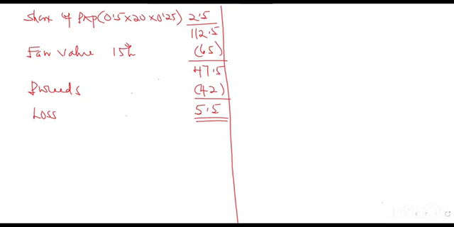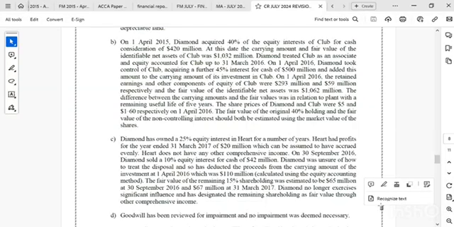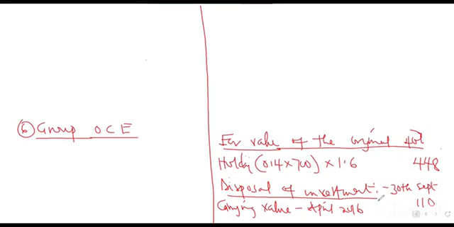Let's come to the fair value of the remaining 15%. At the date of disposal, it was 65. But at the reporting date, it is now how much? 67. It is 67. That has increased by what? By 2. Okay. So that too will be recognized in other components of equity because this is being classified through. So let's have the parent other component of equity there.